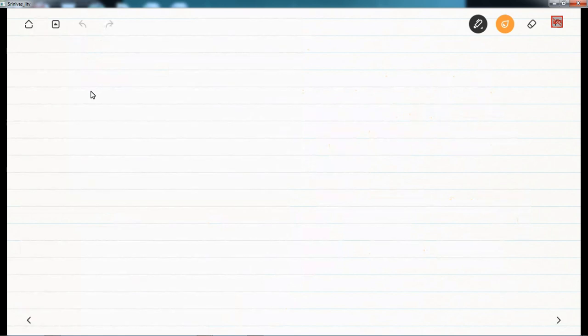So what is an inverse system? Okay. So we have an LTI system having its impulse response as h of t, and we give its input as x of t, and it has produced its output as y of t.